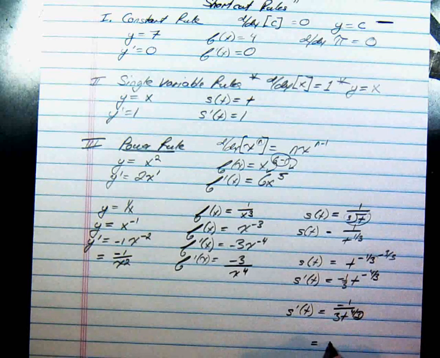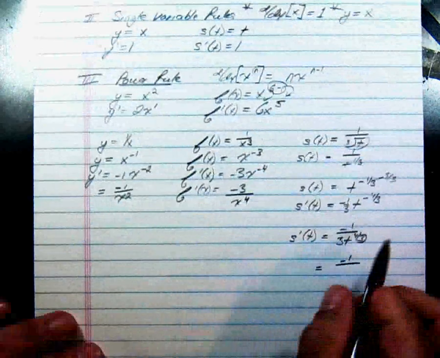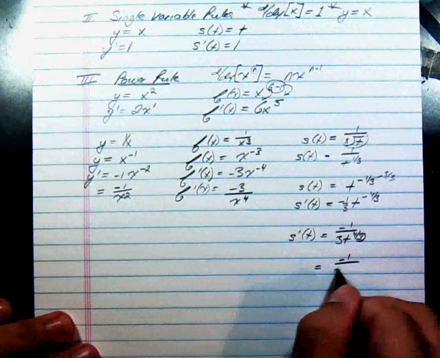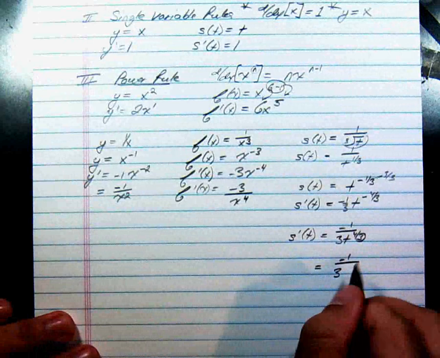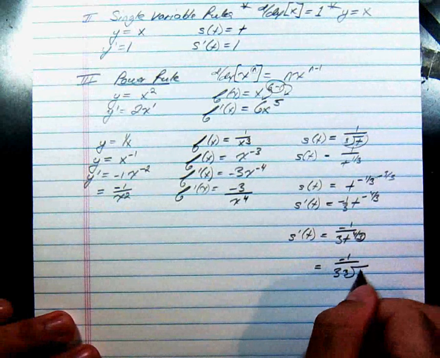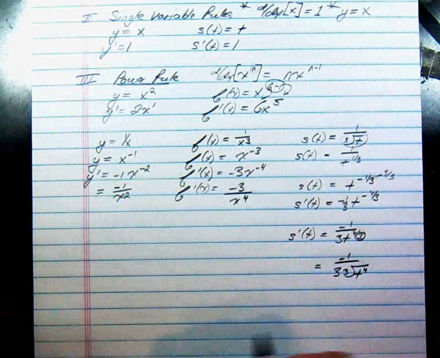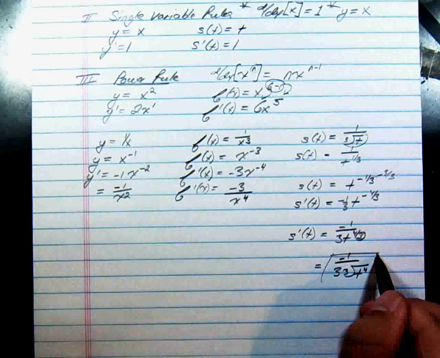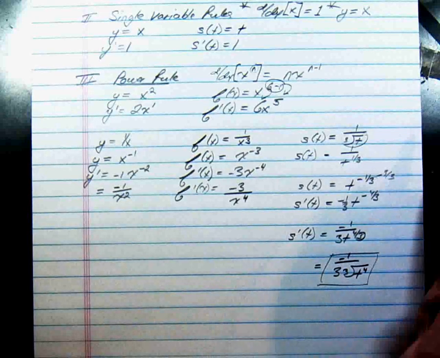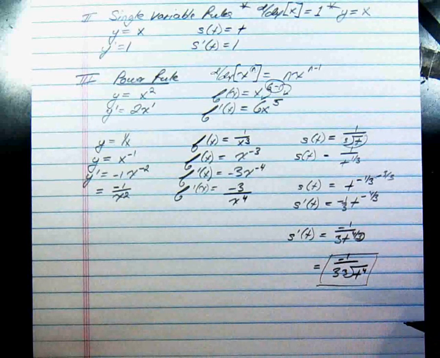So we can rewrite this as negative 1 on the top, and on the bottom we're going to have 3 times the cube root of t to the 4th power. And there's your final answer. That was a little bit of algebra, but it's really not that bad, and the concepts are the same. Alright, let's keep on moving.